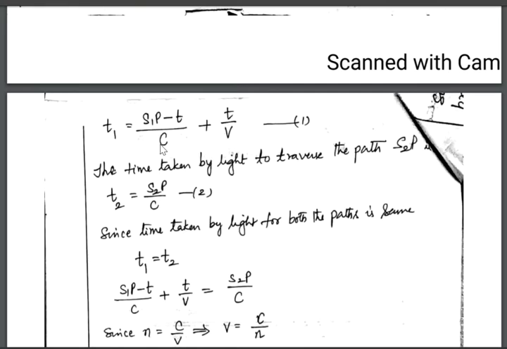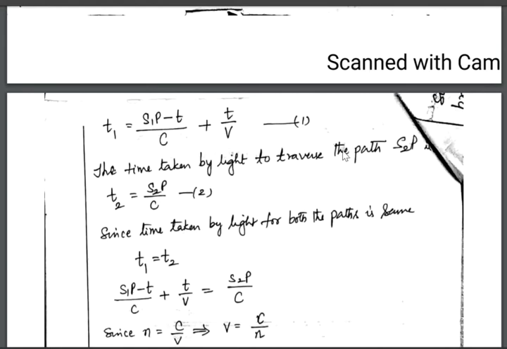The first term gives the time taken by the light to travel in air from S1 to point P, plus t by v gives the time taken by the light to travel inside the thin film of glass plate. Therefore the total time for light to travel from S1 to point P in the above figure is given by equation 1.